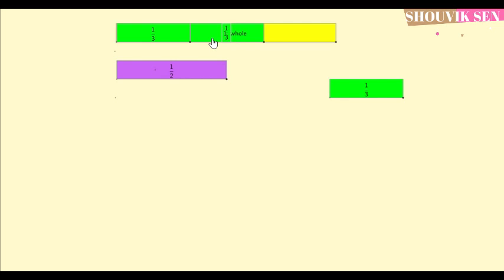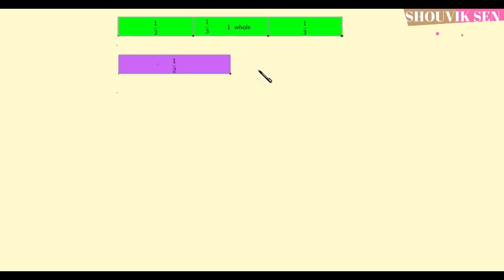Okay? So on arrangement, as you see, 3 of 1/3 made 1 whole. Similarly, if we bring 2 halves, then that is also making 1 whole.